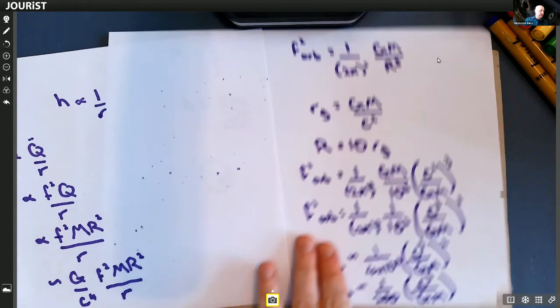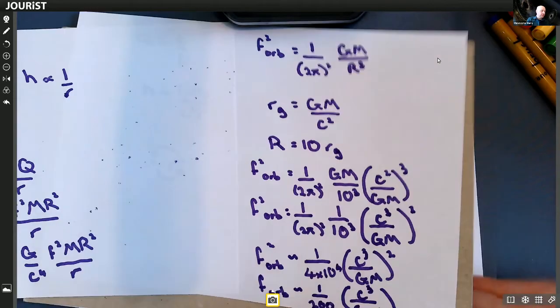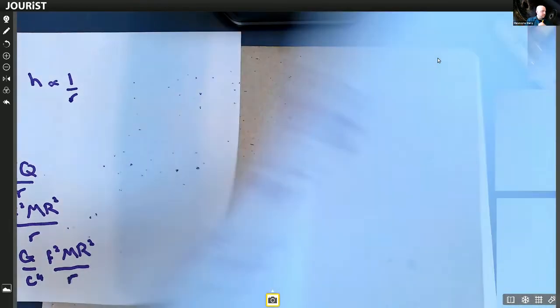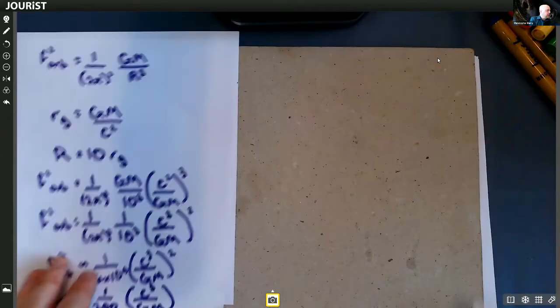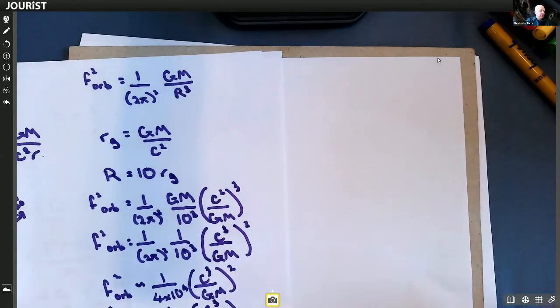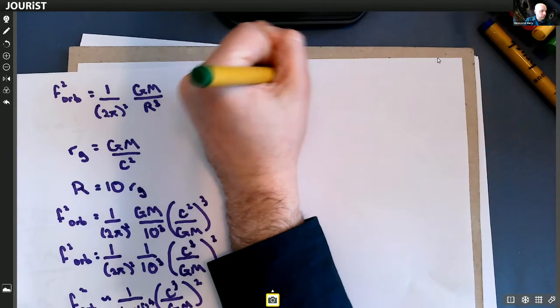Now let's take a specific example, just to see what sort of numbers this works out for. We know we want something massive, so we're going to have something roughly on the order of a stellar mass. So let's take M equals 1 solar mass.